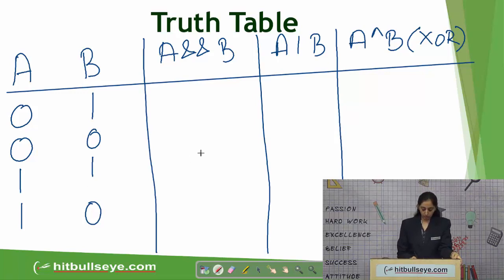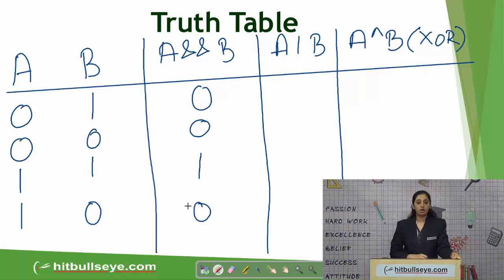Only when both operands are non-zero will it return a true value. Others become false, right? And the OR operator, if any of the two operands is non-zero, will return a true value, or if both operands are non-zero. Here it will return a true value, and here it will not return a true value, true and true, right?